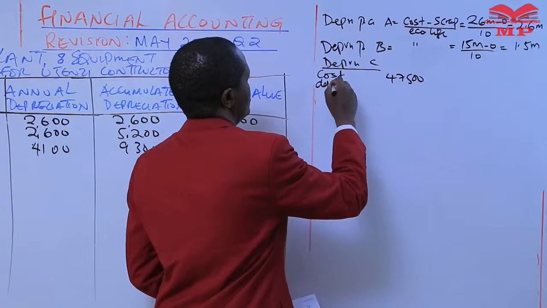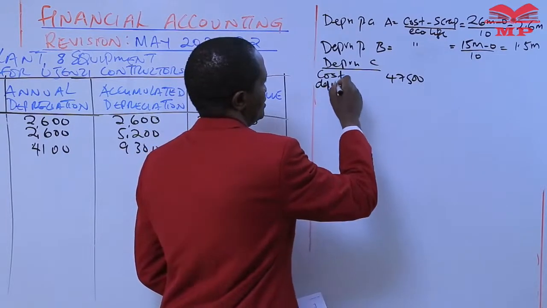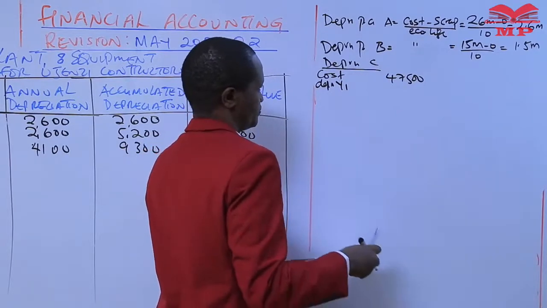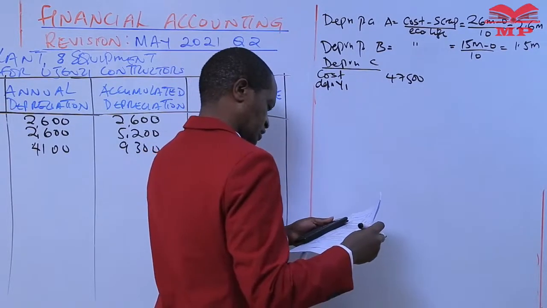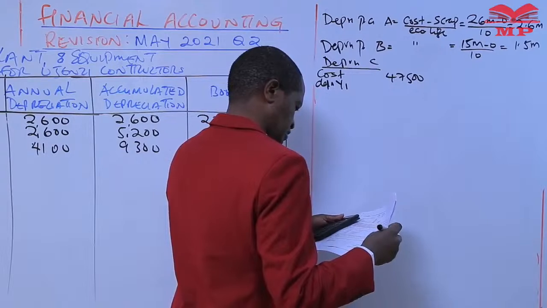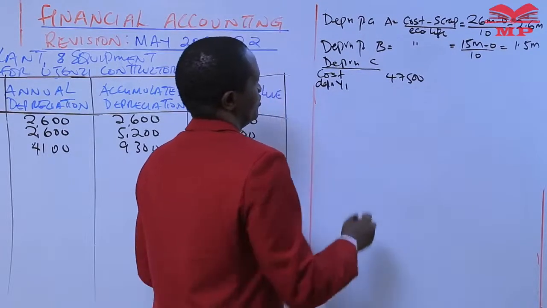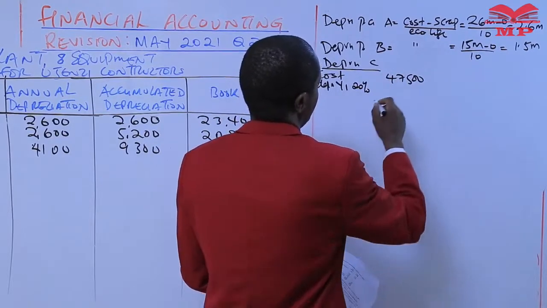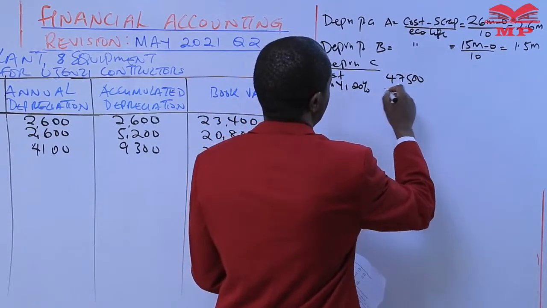Depreciation per annum, year one, will be equal to the rate, 20% times 47,500.